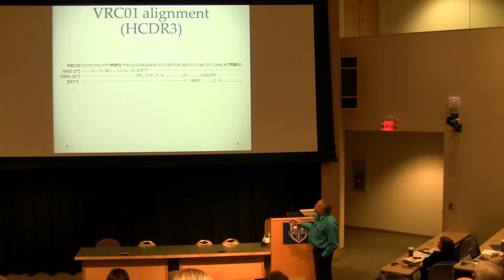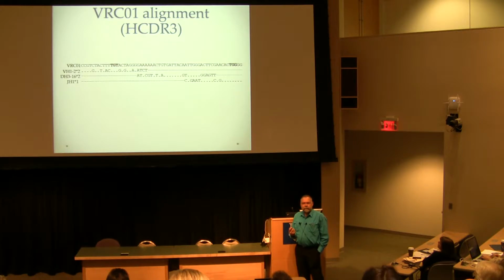And this is VH1-2, and matches between the top and subsequent lines are indicated by a dot. And so VH1-2 matches up to here, then there's a mismatch. 2 more matches, mismatch. 3 matches, mismatch. And so the question is, where is the recombination site?